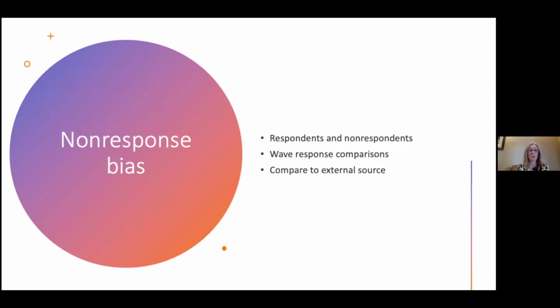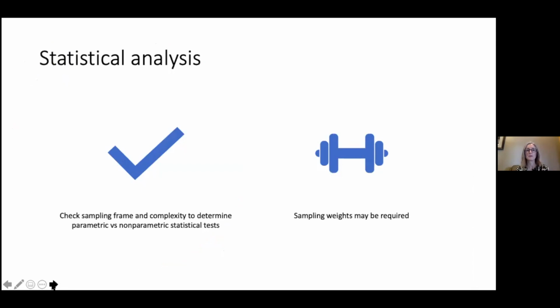You also want to compare those that answered at the beginning and those that answered at the end. Oftentimes those that answered at the end are more similar to non-respondents than those that answered at the beginning. And if you have the ability to compare to a gold standard or an external source, that is optimal.